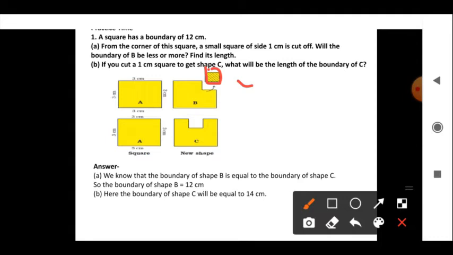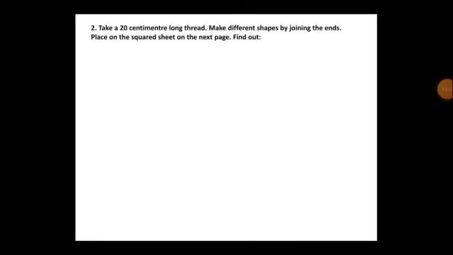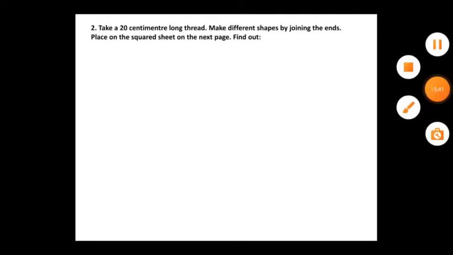We know that the boundary of shape B is equal to the boundary of shape C, because in both only 1 centimeter is cut off. The boundary of shape C is 14 centimeters, so the boundary of shape B is also 14 centimeters.